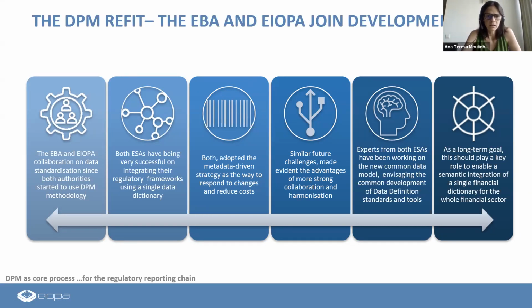So since then, experts from both EIOPA and EBA have been working on a new common data modeling, envisaging a common development of data definitions, standards, and tools. And of course, we are very happy to present to you the DPRM refit today. What is our long-term goal?